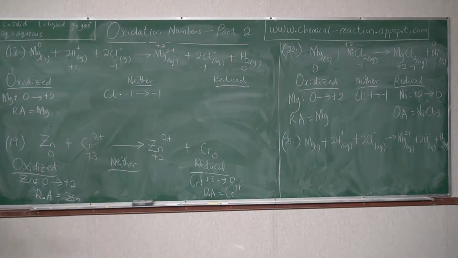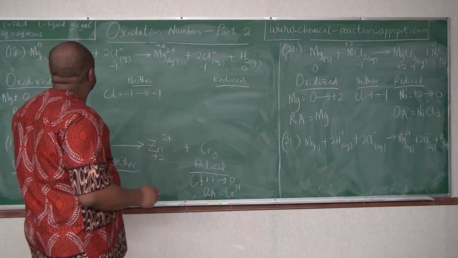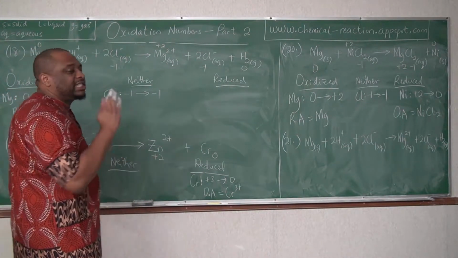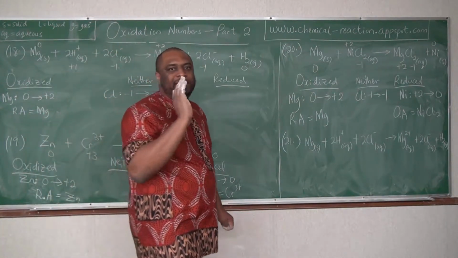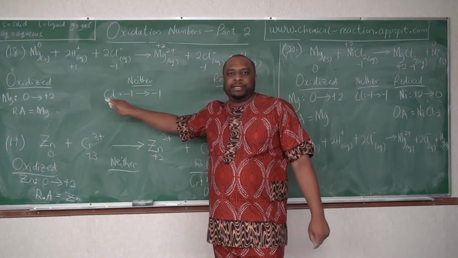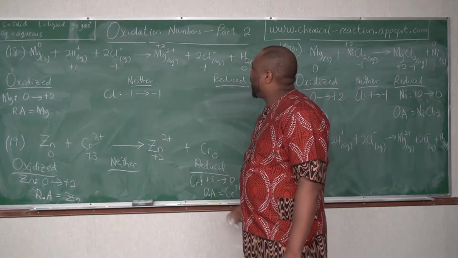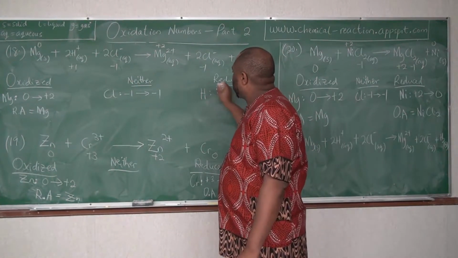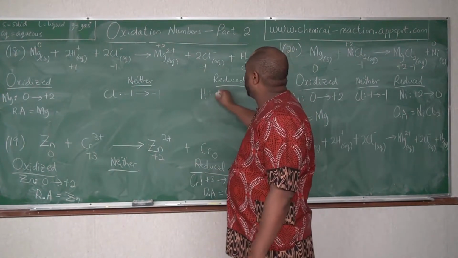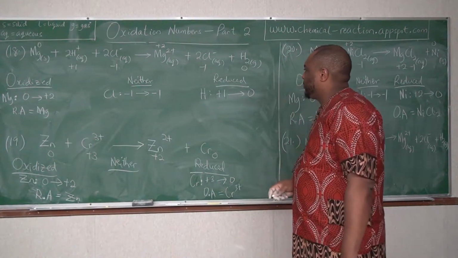It was neither oxidized nor reduced. Then we'll just be putting the atoms only. So neither here is the chlorine atom, this is the magnesium atom, and then the reduced is the hydrogen atom. Just put the atom. From +1 it was reduced to 0.